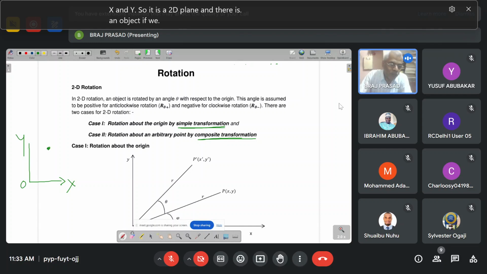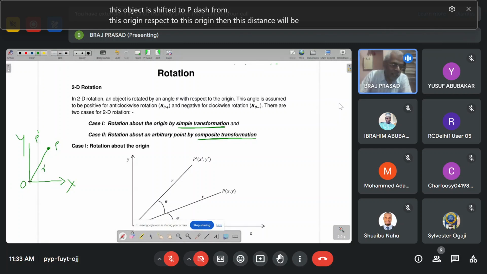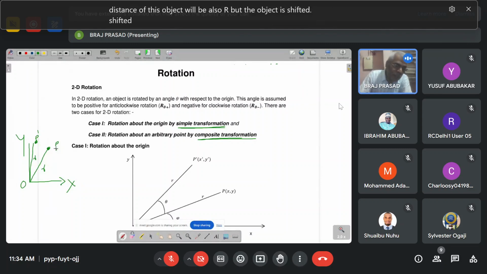If we move this object from this location to some other location, suppose P dash, with respect to this origin, then this distance will be r, and the distance of P dash will also be r, but the object is shifted from P to P dash by an angle theta.